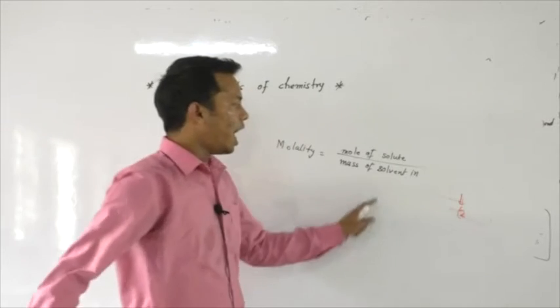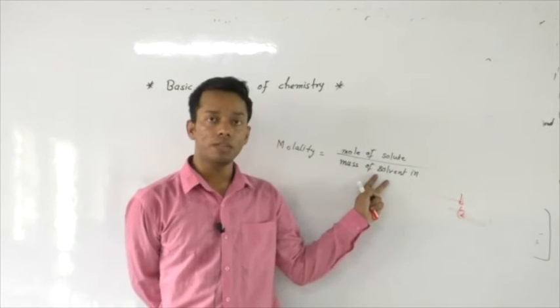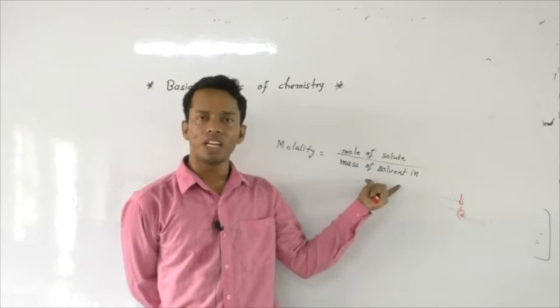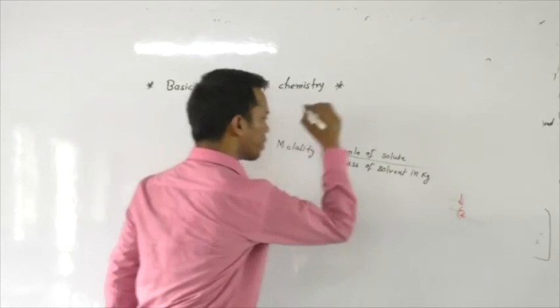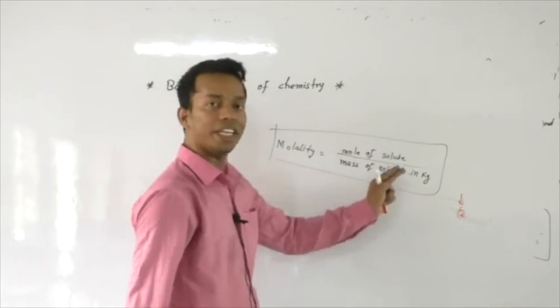In the case of molarity it was volume of solution. Only in this case will solvent come. This is mass of solvent. That was liter, here it will be kilogram.